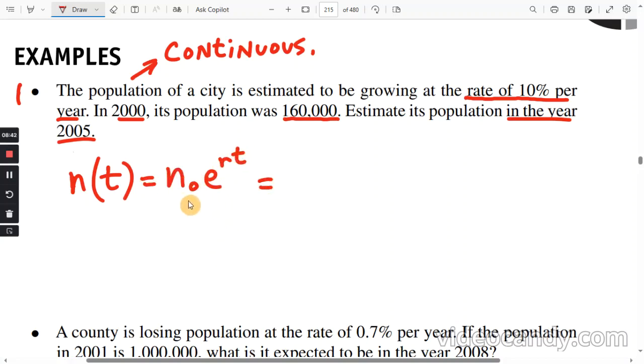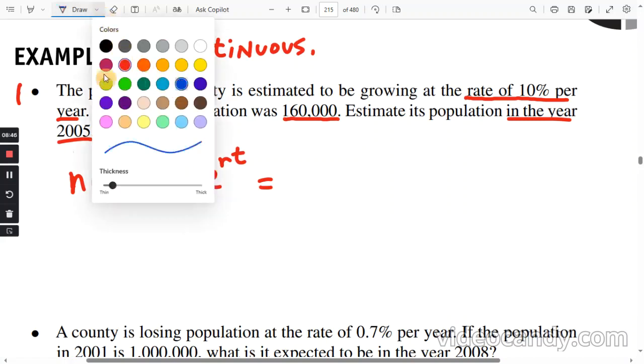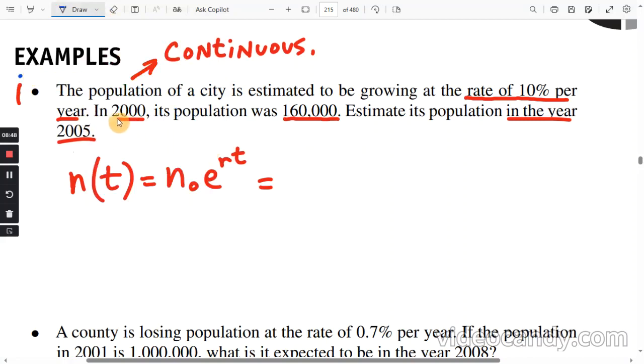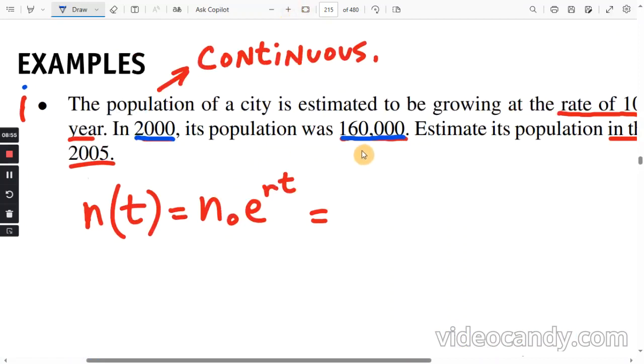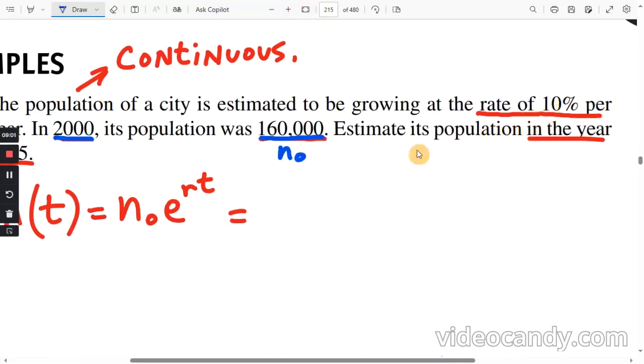We said N sub 0 is the initial amount, and we can see in the problem, in the year 2000, it was 160,000. The growth rate is 10%, so r as a decimal is 0.10.